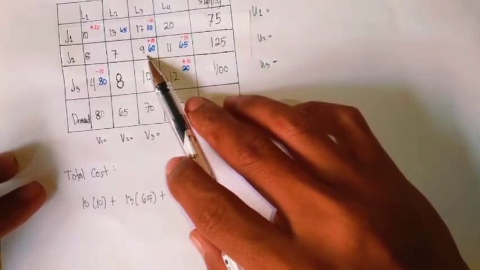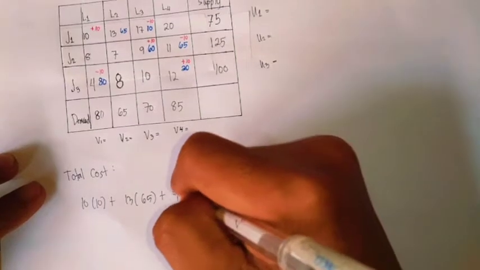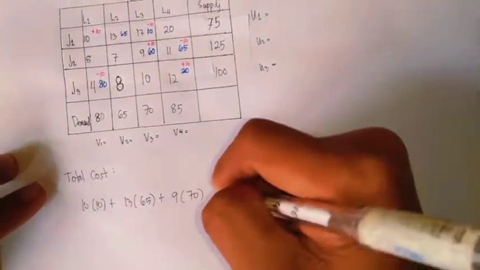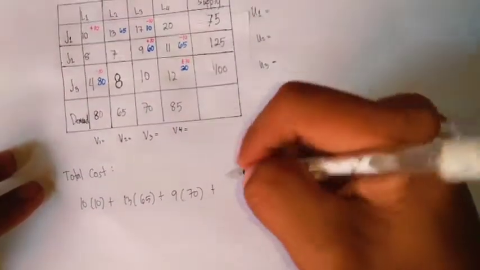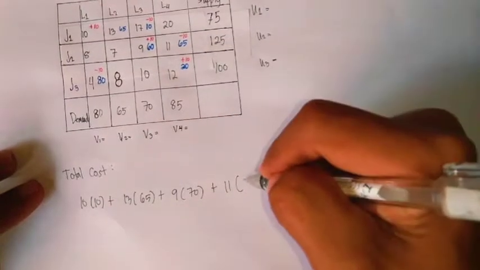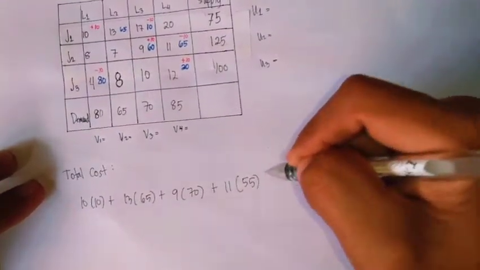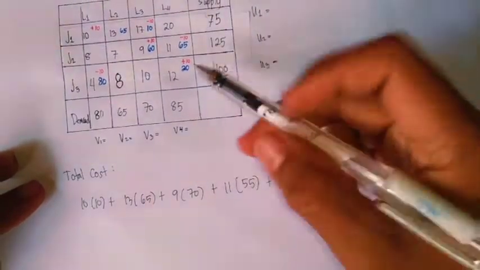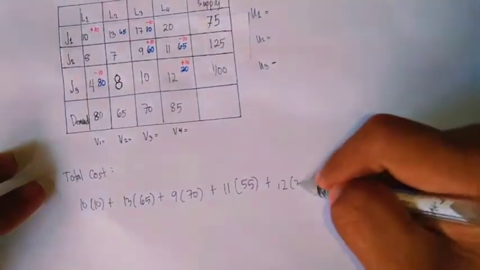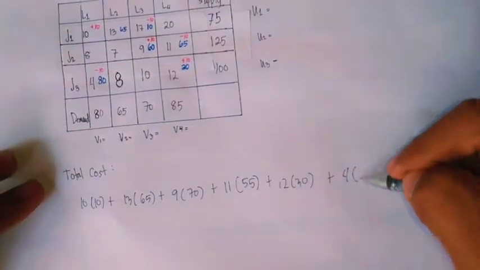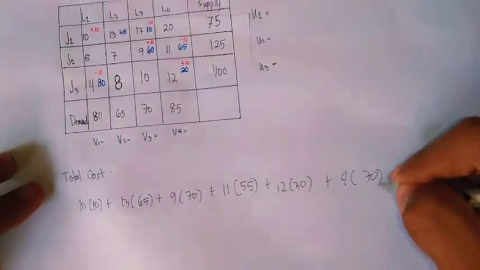Instead we move to 9. So 9 times 60 plus 10 is 70, plus 11 times 65 minus 10 is 55, plus 12 times 20 plus 10 is 30, plus 4 times 80 minus 10 is 70.